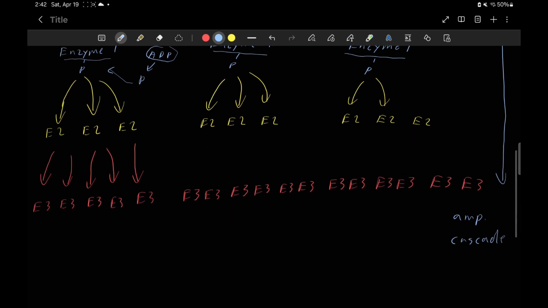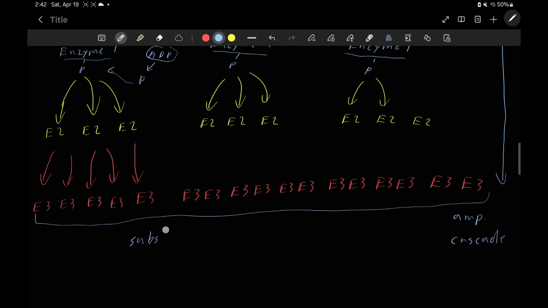Now this final big set of enzymes can do your final response, let's say turning some sort of substrate into a product. Let's say, I don't know, they want to turn glycogen into glucose.